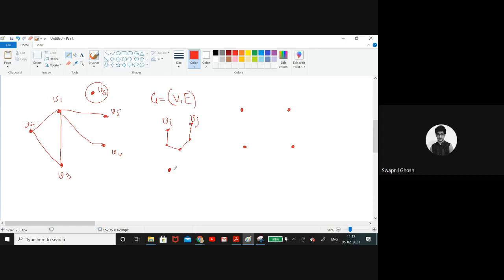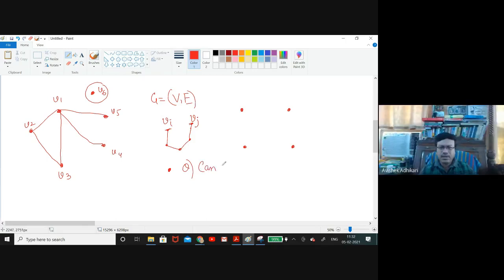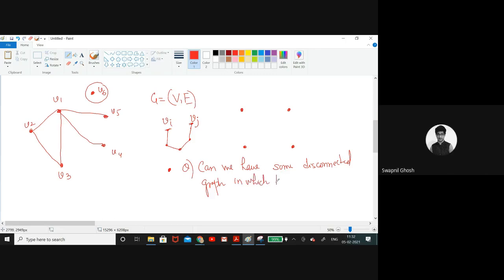My question was, can we get a disconnected graph in which there is no isolated vertex? Let me write. Can we have some disconnected graph in which there is no isolated vertex?